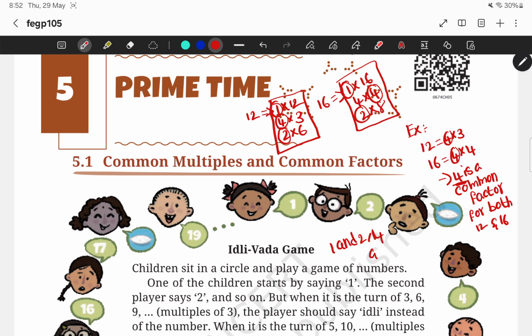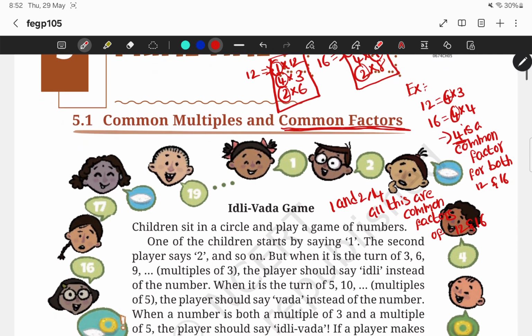So all these numbers are common factors of 12 and 16. I hope you understand the concept of common factors of two numbers.